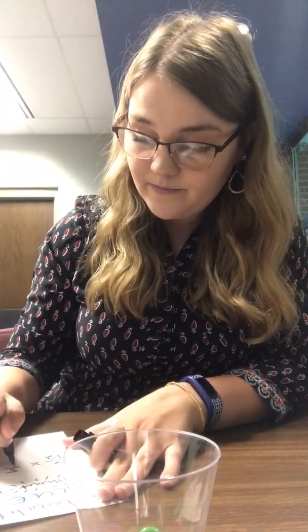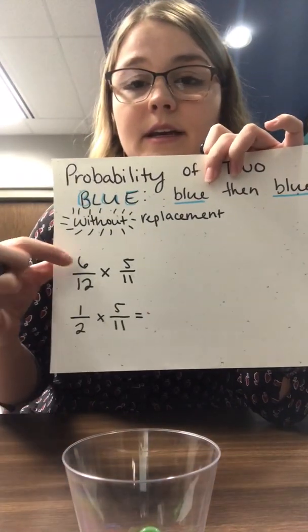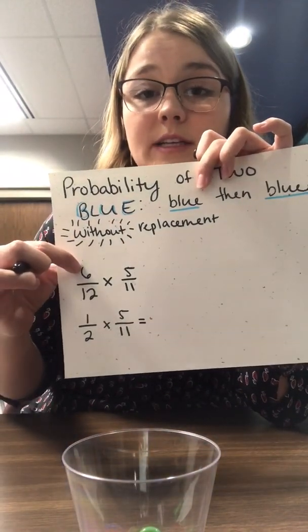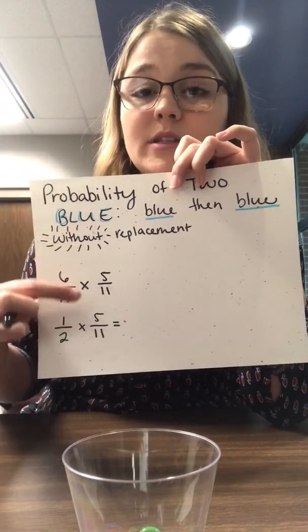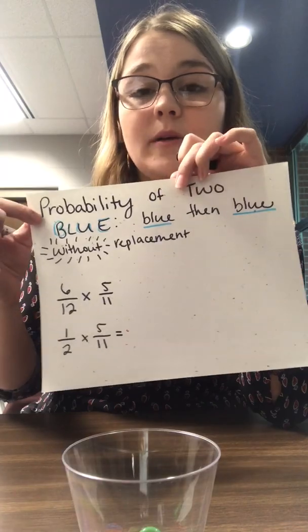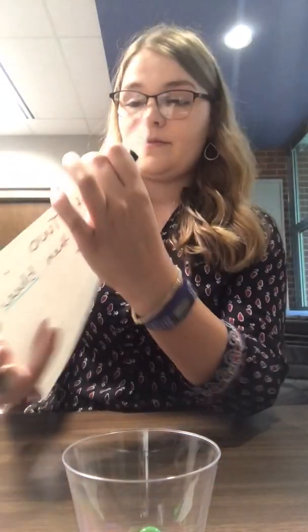So that's 5/11. And the 6/12 reduces to 1/2. So 1/2 times 5 11ths, where 6/12 was 6 blues, 12 in total, and 5/11 is 5 blues, 11 total, and that's the probability of blue then blue, so the probability of 2 blues.